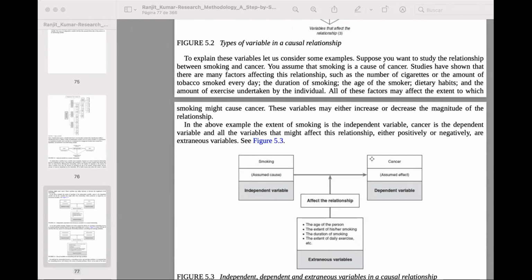Longitudinal, a long time. So you see your population, your participants, before and after something, over a long time, or only once, a cross-sectional.